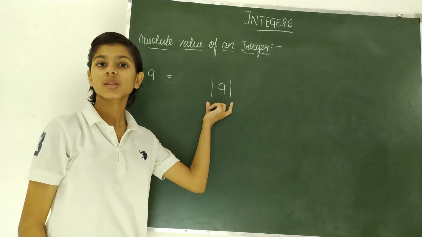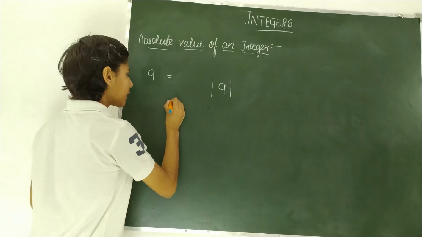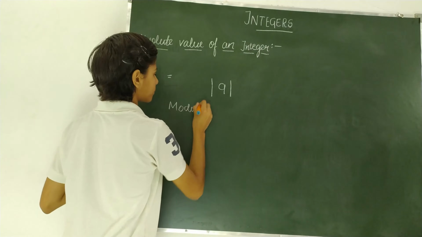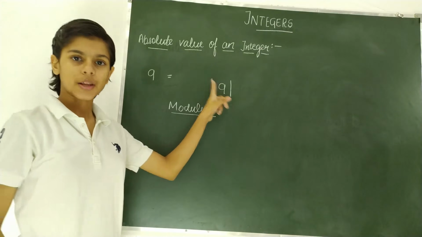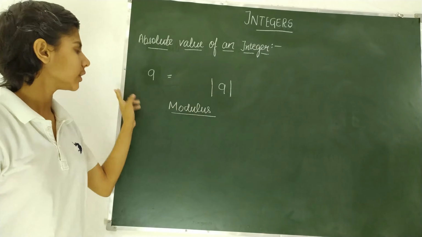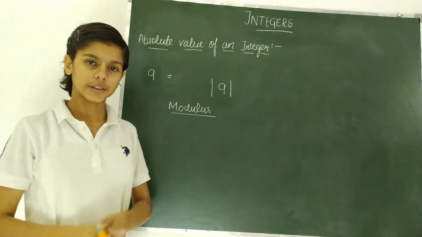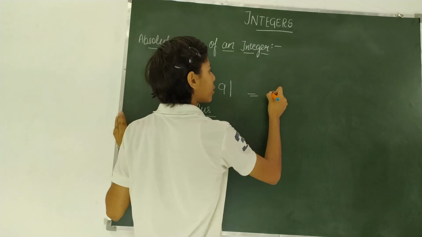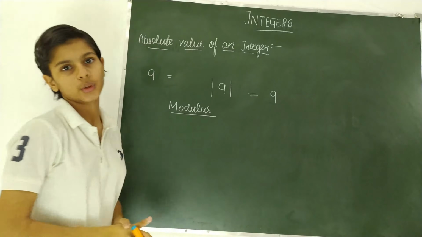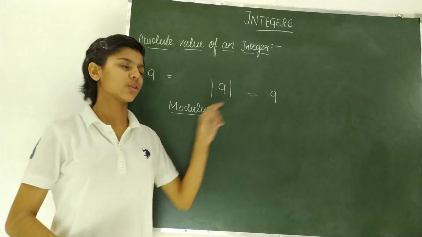This sign is known as modulus. The number is present between the modulus, and it is asking for the absolute value of an integer. Here you forget the sign and just write the numerical value, that is 9 only. So this will be the absolute value.